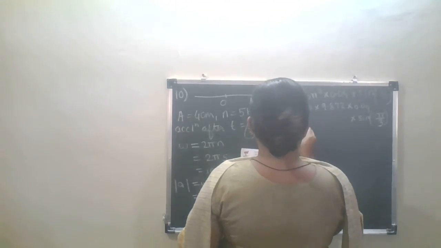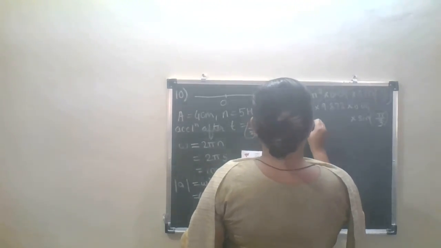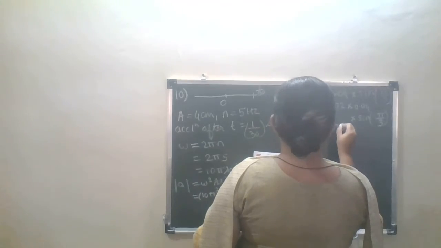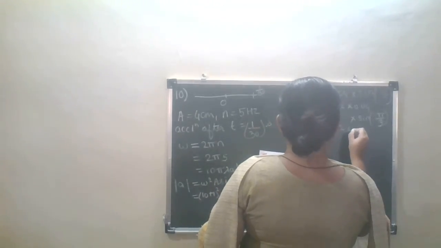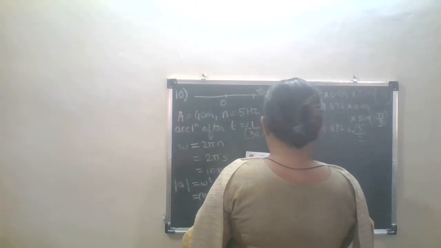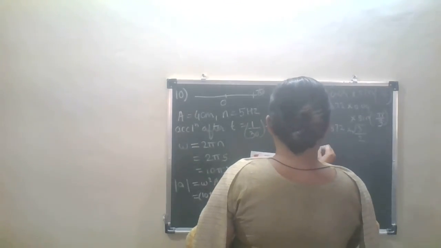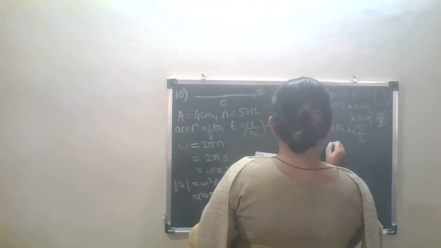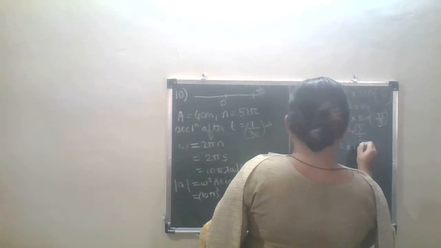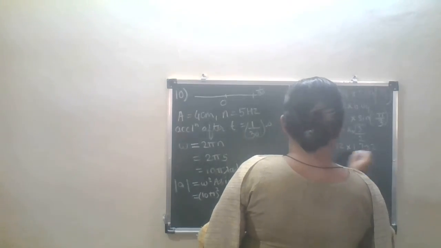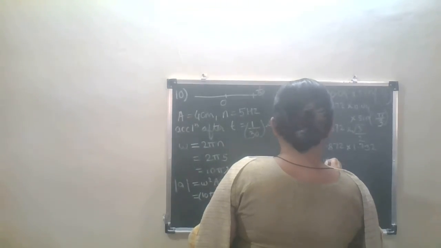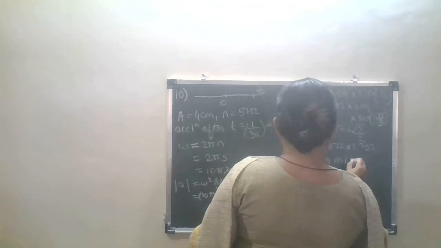Which is equal to 4 square into 9.872 into root 3 by 2, which is equal to 2 into 5.872 into 1.732, which is equal to 34.19 meter per second square.